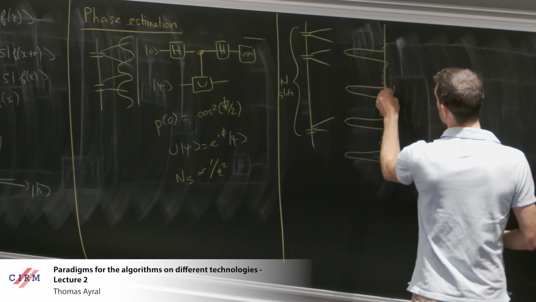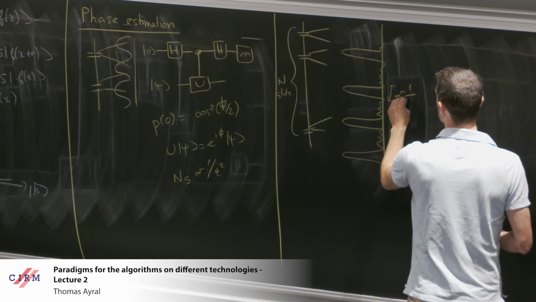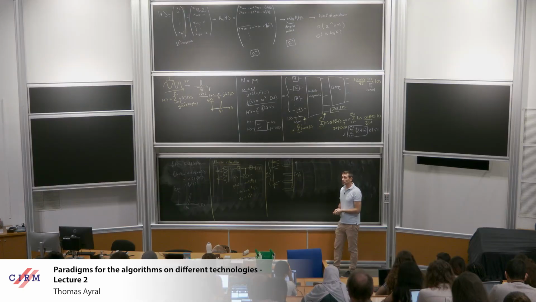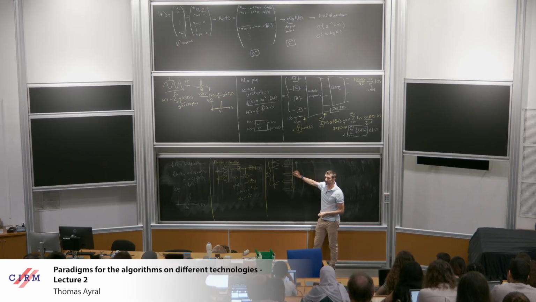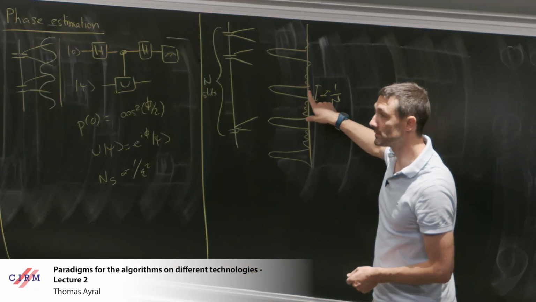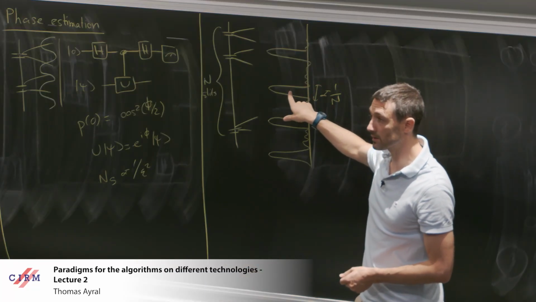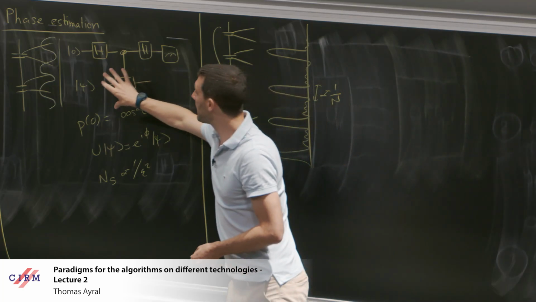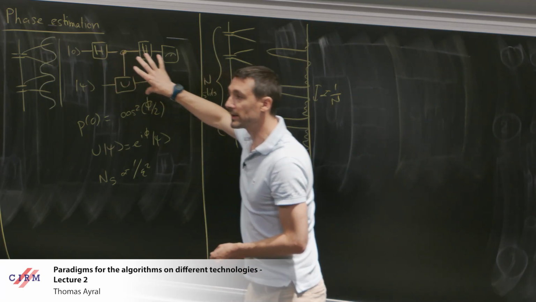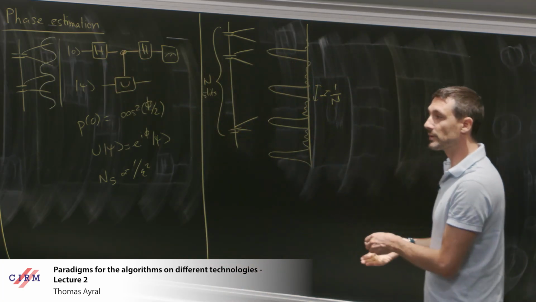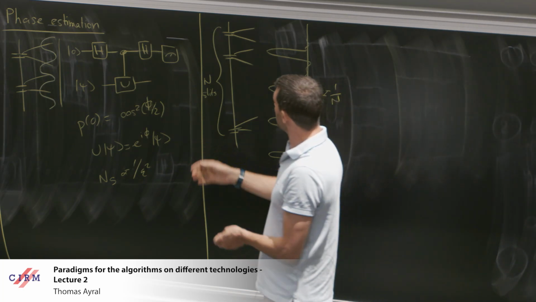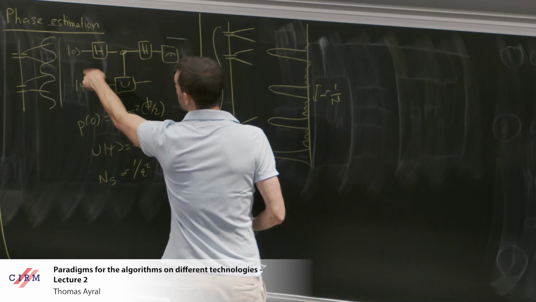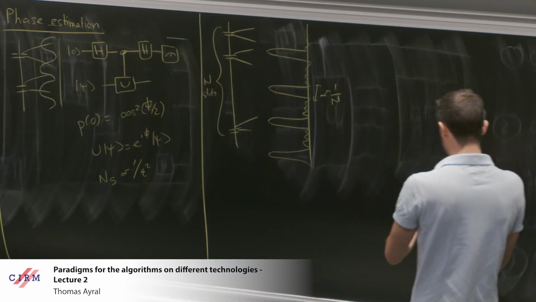And the width of the peak here is proportional to 1 over n. So in other words, if I have more slits here, the width of the peak and therefore the resolution I have on the determination of my phase is much better. And this is essentially what phase estimation does. And we're going to see exactly as here we did it with the quantum circuit, we can do this experiment with the quantum circuit as well. And so it's very easy. I'm just going to perform the same trick as for this circuit here.